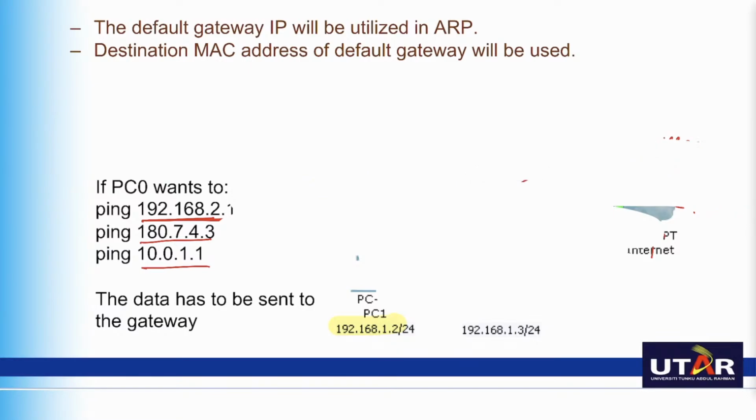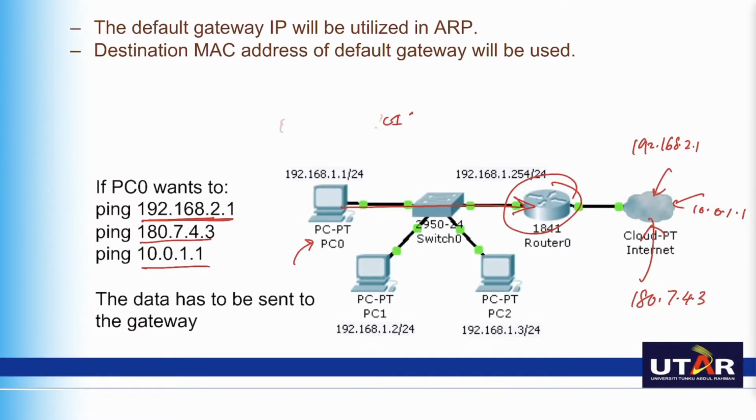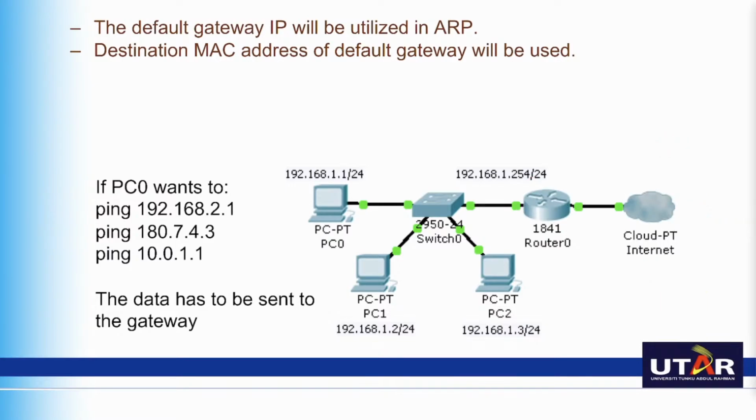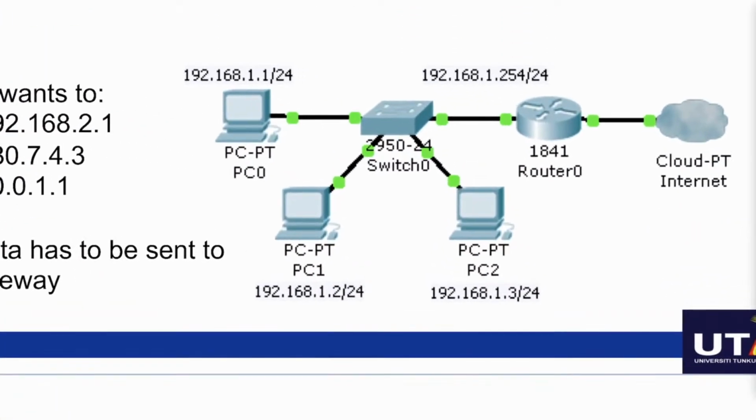Before we go to the next one, one more thing. I want you to be very clear about how this thing works. Pay careful attention here, and focus exactly on how the packets travel in different scenarios. The first scenario is like this: PC0 ping PC1.